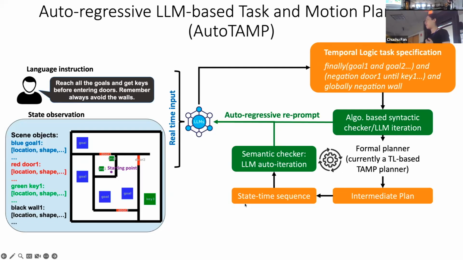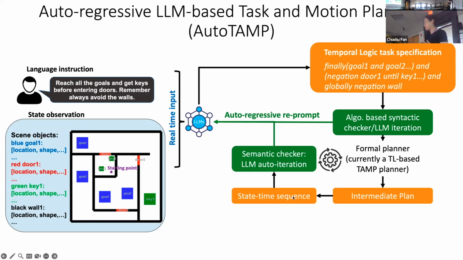And even if we're given a grammatically correct temporal logic, there's no guarantee that it correctly reflects what we want. So we have a semantic checker that will further take the intermediate plan that's given by the planner and check for the alignment of the result with the user requirements. If there's any misalignment, it will automatically generate a prompt to tell the large language model this part went wrong and you should fix your translation.